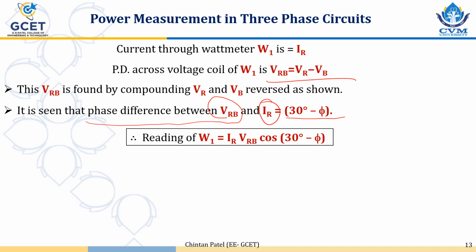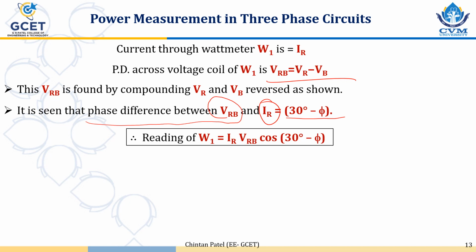Now recall, what is the equation of active power? VI cos phi, where phi is the angle between voltage and current vector. So IR is the line current, VRB is the line voltage, and the angle between these two vectors is 30 minus phi.